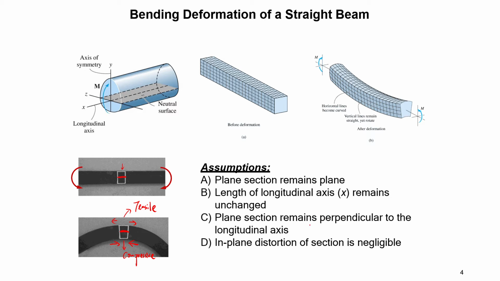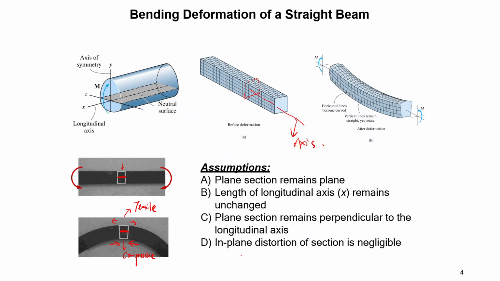However, with plane sections you also need to make sure of something. What plane sections mean is, if you cut a cross section somewhere here, all the sections are still perpendicular to your axis. This is your axis.